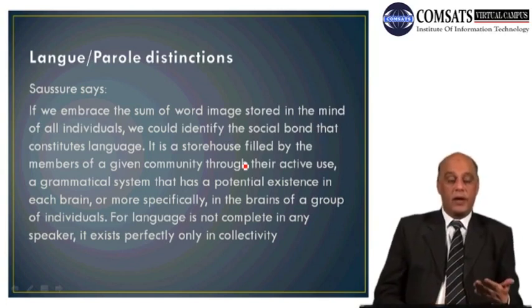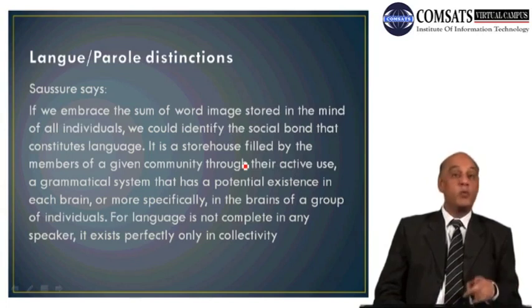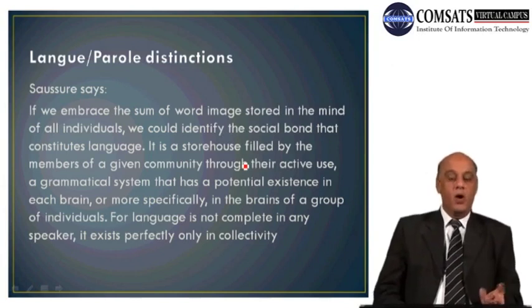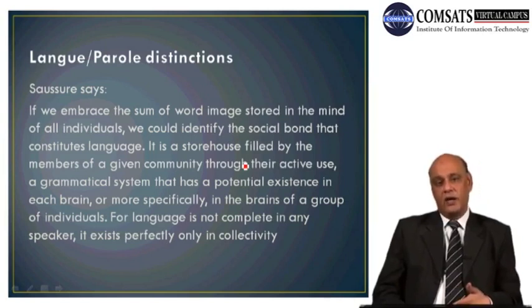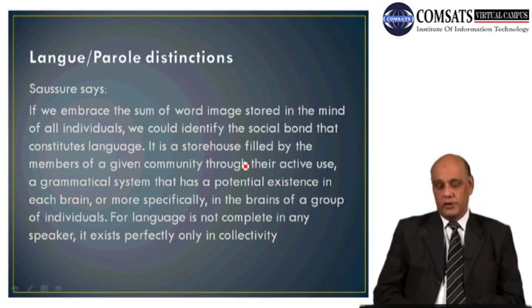If you look at the words again, potential existence in each brain, and more specifically in the brains of a group of individuals. So it's not one brain or one individual that is responsible for a language in a society, but in fact it's the brains of the group of individuals.